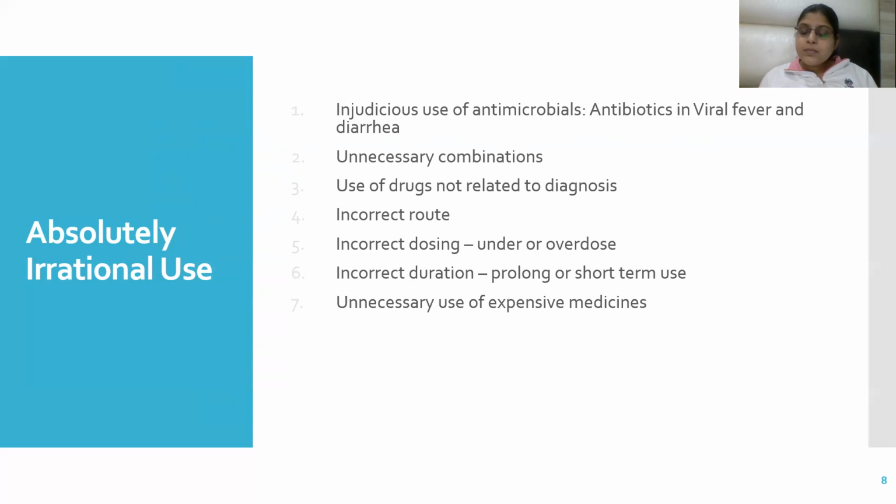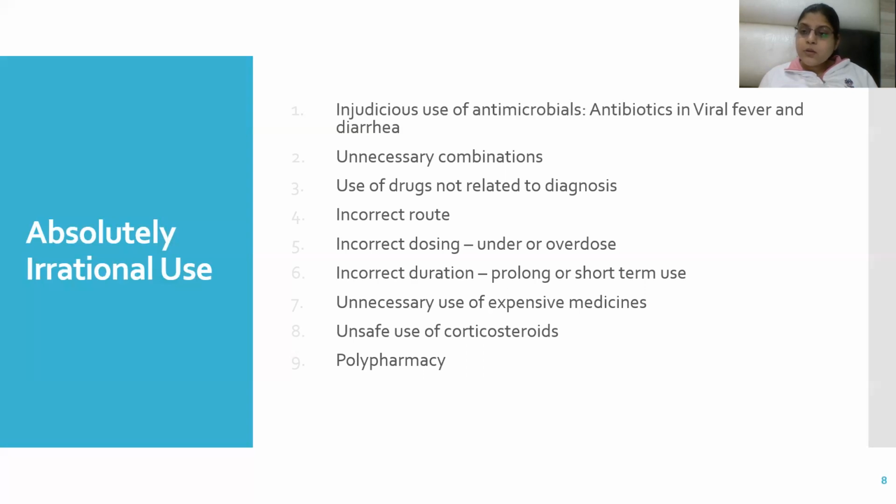Unnecessary use of expensive medicines. Some expensive medicines are available, and their unnecessary use, promoted by the drug promotional industries, can lead to irrational use. Unsafe use of corticosteroids: corticosteroids have many side effects, so unsafe use can lead to irrational use.